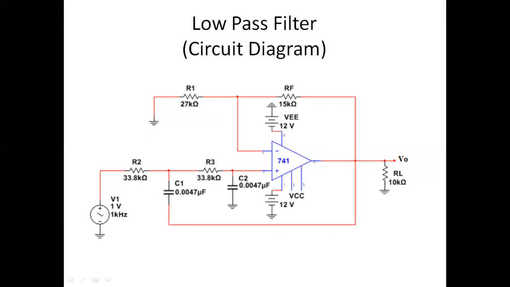If we want to make it only first order, then we have one combination of RC. Similarly, if you want to make it third order, you have to join one more RC set. So this is how it is called a second order filter. The circuit connection is like this.